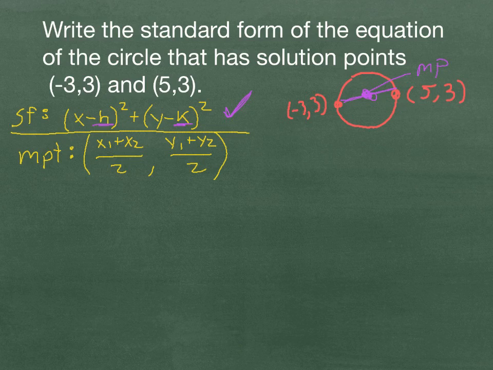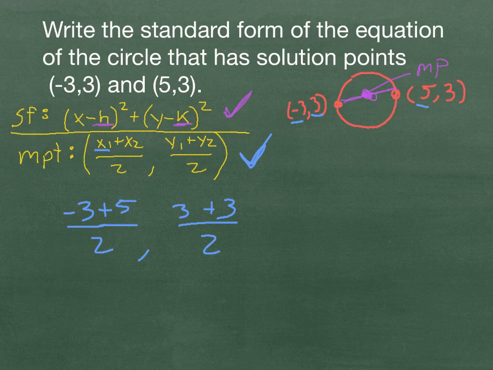So now you use this equation, the midpoint formula, to find the midpoint. So basically what you're going to do is use -3 plus 5 over 2 and 3 plus 3 over 2.